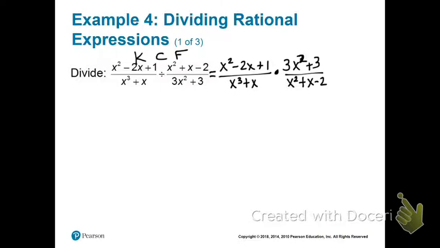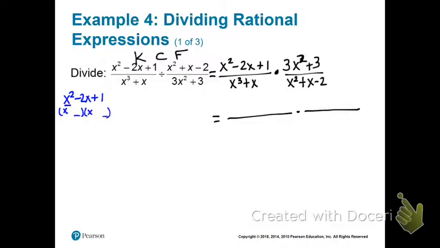All right, so now we're going to do a bunch of factoring. So I set up my two fractions with my multiplication in between. And let's go factor that first numerator. So it's x squared minus 2x plus 1. No greatest common factor. 3 terms. Simple. So we know our first terms have to multiply to x squared, so it's going to be x and x.